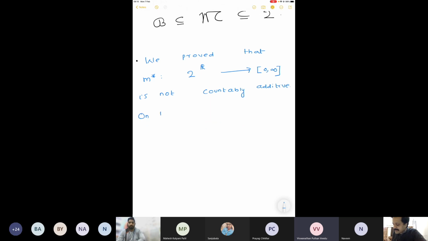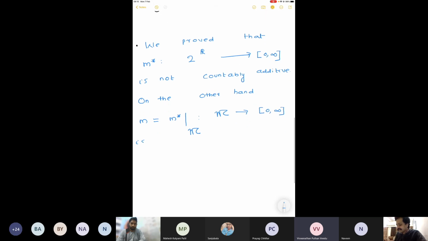On the other hand, Lebesgue measure m, which is equal to m star restricted to script M, the collection of all Lebesgue measurable sets, to [0, infinity], is known to be countably additive.